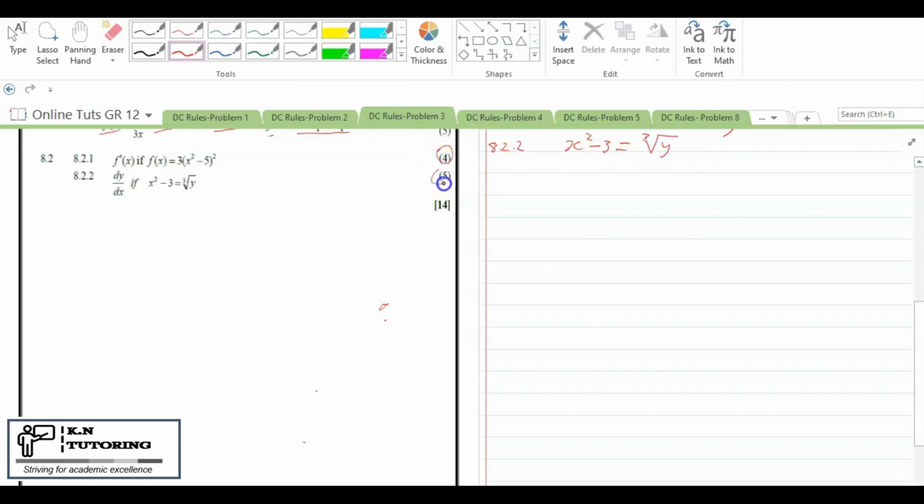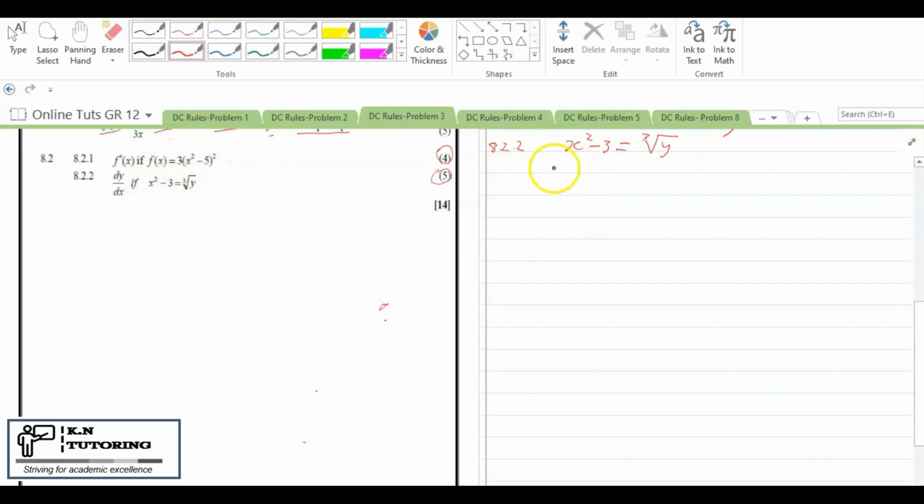For 5 marks, you can see that we have to do a couple of steps, 4 or 5 steps, until we get to the answer. We are also guided by this notation, dy/dx. So we are differentiating y in terms of x. So we must make sure that before we apply rules of differentiation, we make y the subject of the formula.